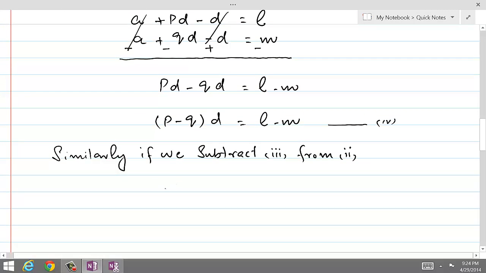So that will be (Q minus R) into D is equal to M minus N. Let us call this number 5.